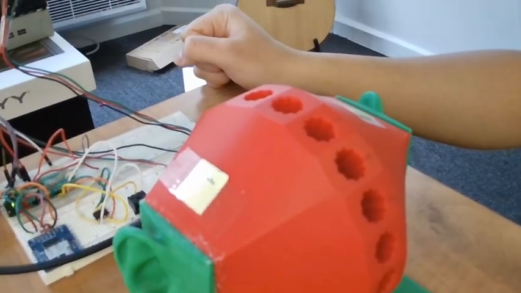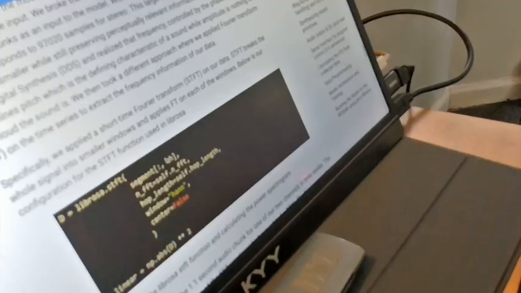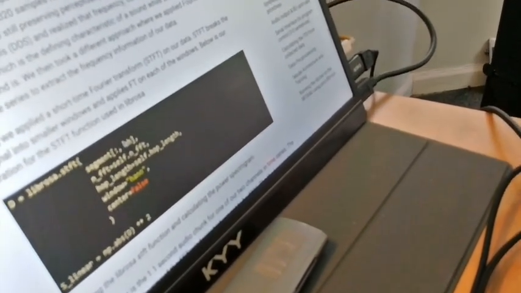we moved on to do some data processing in Python. We start off by doing a short-time Fourier transform on all the audio time series that we captured in 1.1 second chunks, and then computed the power spectrum.